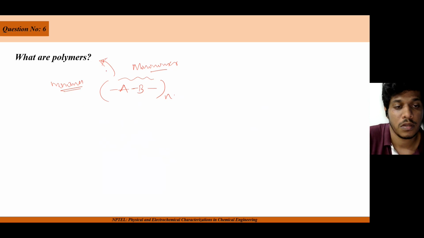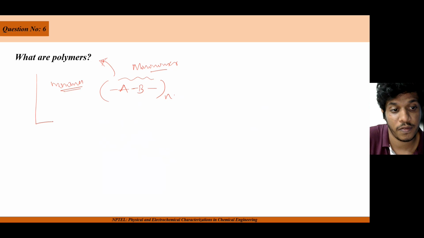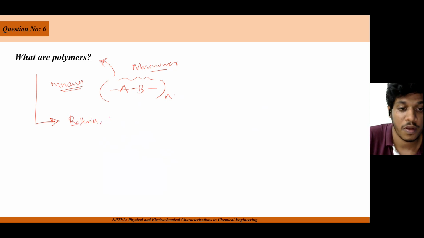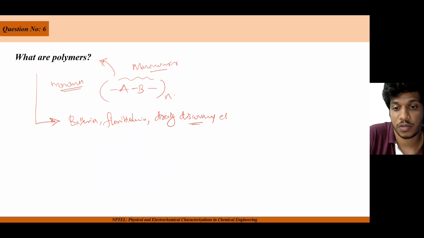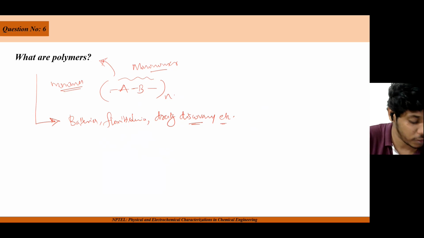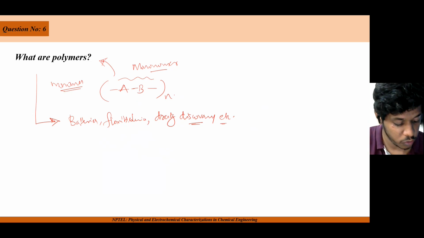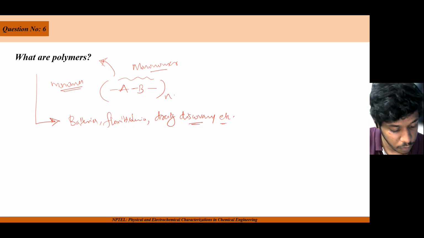Polymers are also very well studied materials nowadays. Polymers have been used in batteries, in flexible devices, and in drug discovery, etc. Basically, polymers are large molecules made up of repeating units called monomers.